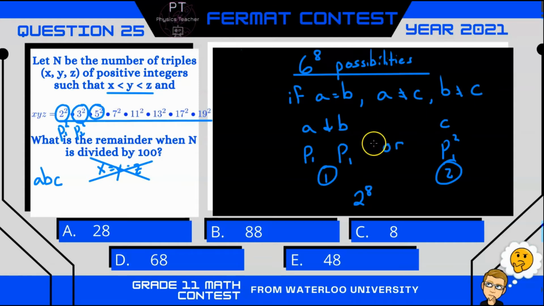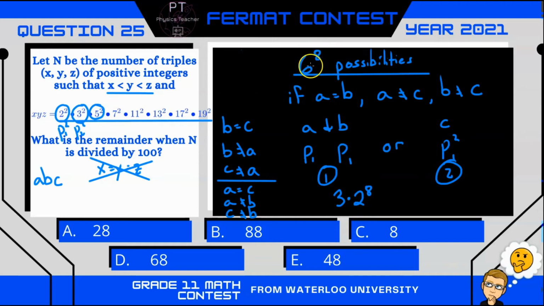Well, there are other ways that we can have 2 values to be the same. We can have B equal to C, and neither B or C is equal to A. And then we would have the same 2 to the 8 possibilities to distribute each prime factor. Or we could have A equal to C, but neither of them equal to B. So the total number of ways that we could have two of these variables equal to each other is 3 times 2 to the 8.